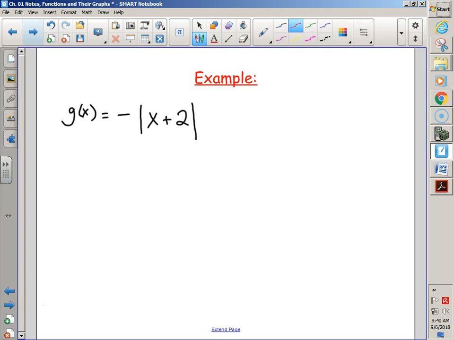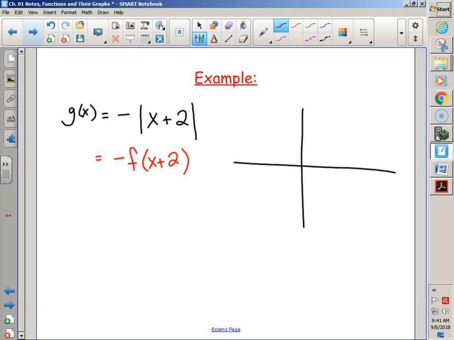Okay, who's the parent function? I want the parent function to be someone such that I could write this negative. Who's the guy that has the x plus 2 being plugged in and the negative on the outside? Who is that? Absolute value of x.